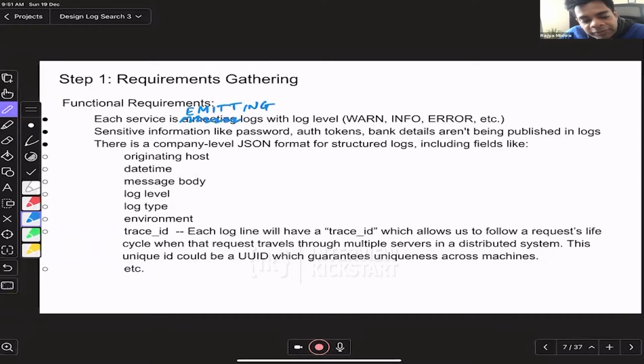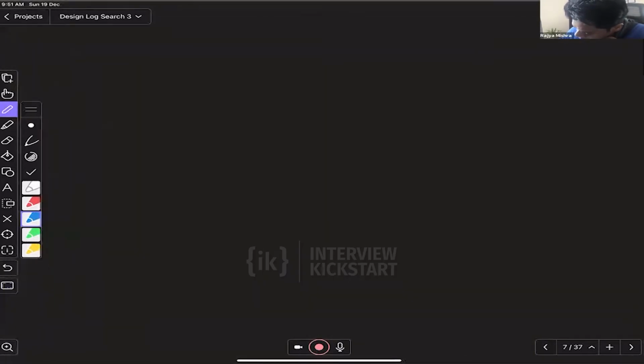Then we need to have a trace ID as well. So what is a trace ID? This is a very interesting concept. I'm sure many of you would already be knowing it.